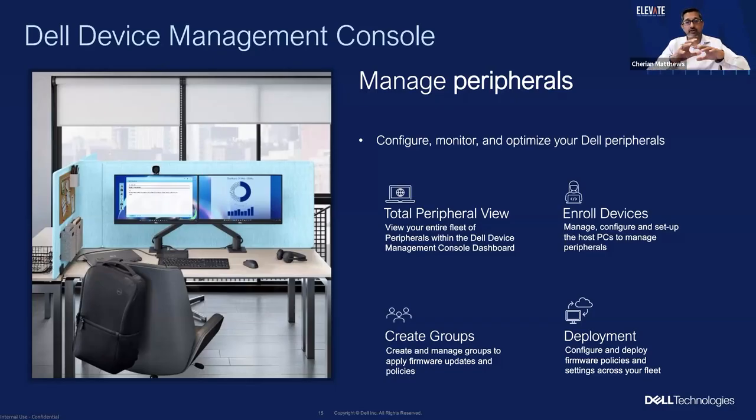You can name groups by location, and then go down to the actual desk itself. You can say, at this workspace in your environment, I have a dock, a display, a headset, a webcam, all at this one desk.